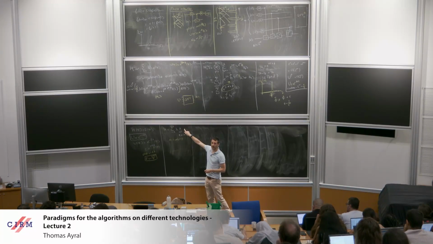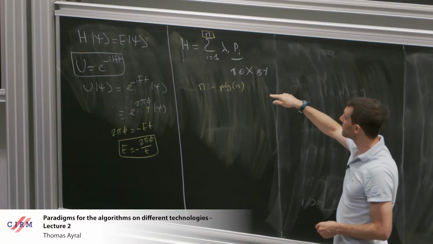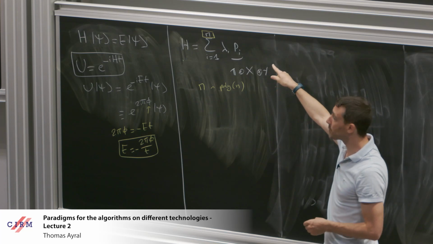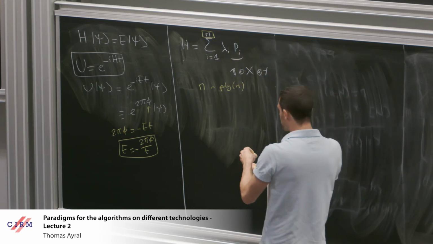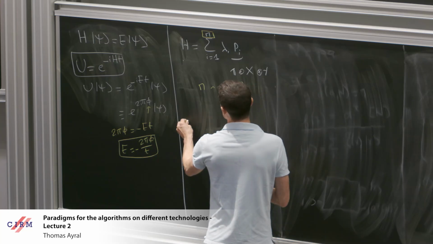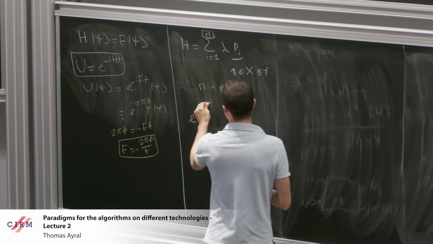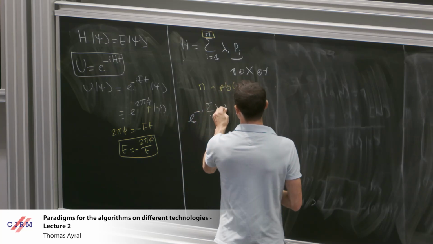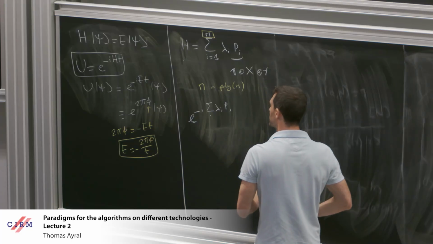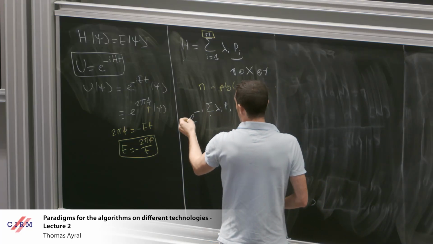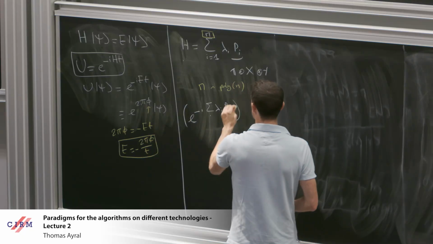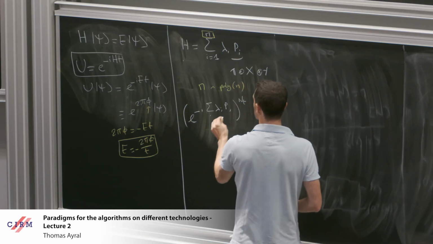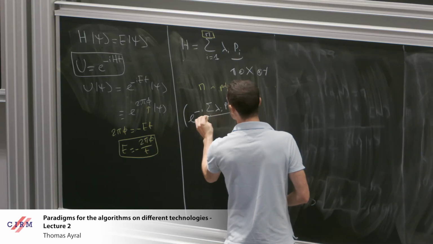But it turns out that for chemistry, for instance, or for physical systems, it's always the case that M is polynomial in N. And once I've done that, what I'd like to do is an exponential of a sum. And of course, exponential of a sum is not something that I can do in principle. I cannot turn it into a product of exponentials unless I slice it into pieces. So I'm going to divide and multiply by Nt.